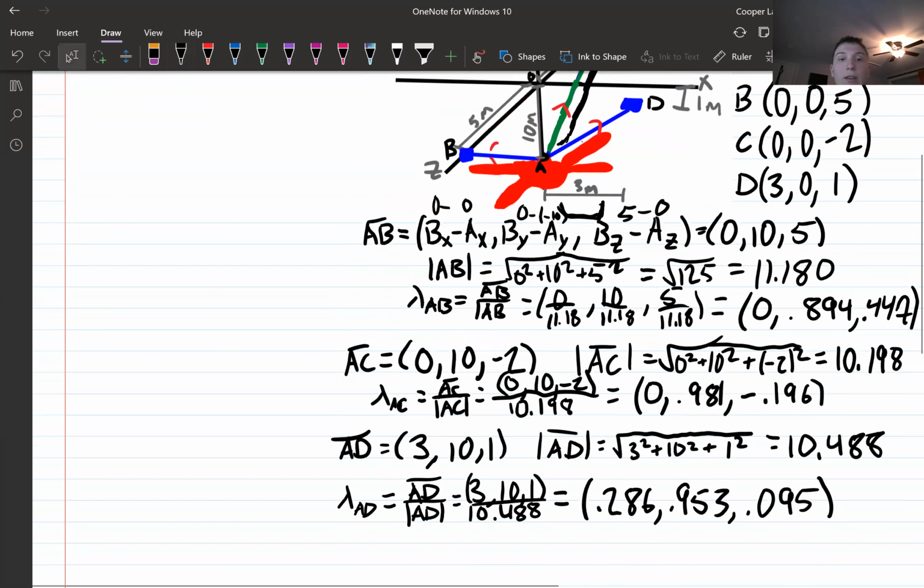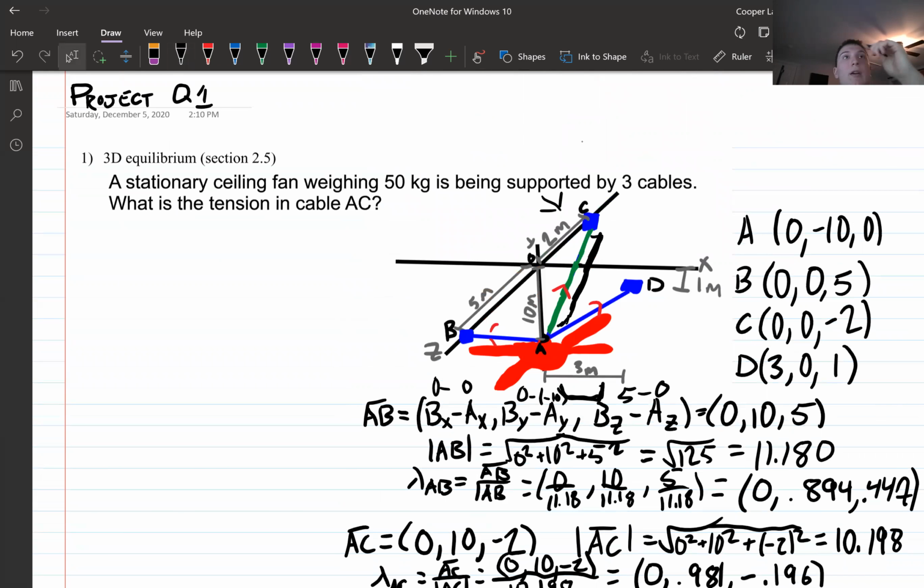Now that I have all of the lambda values that I'm going to need, I'm going to go back up here and look at the weight. Whenever I'm looking at the weight of a ceiling fan, it doesn't have any direction on it, which means all of it is just going to be downwards, so it's only going to be in the y-axis.